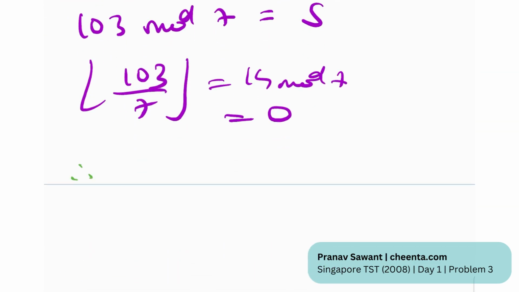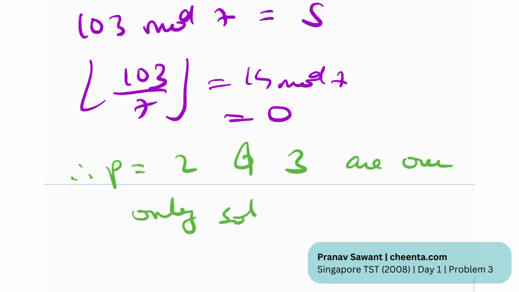Therefore P equal to 2 and 3 are our only solutions. After putting the pieces together, the two smallest primes, P equal to 2 and 3, are the only primes that satisfy our given condition that P needs to divide that sum.